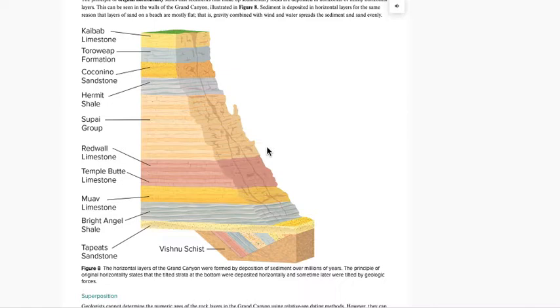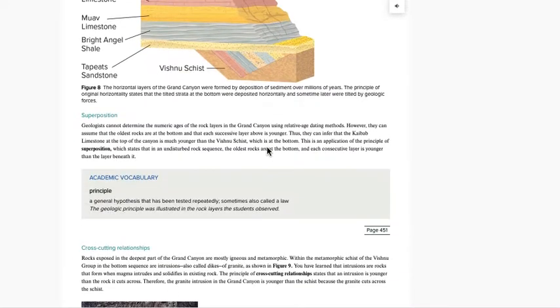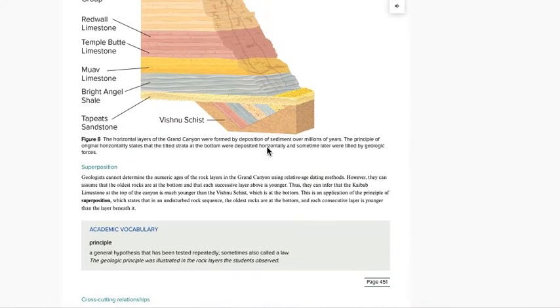And then my Thursday garbage and my Friday garbage is somewhere at the middle. And then my Saturday garbage, and then Sunday garbage, and then my new Monday morning garbage is at the very, very top. And at the bottom is my week-old Tuesday garbage. So as time passes along, the older stuff is at the bottom and the newer stuff is on top. That is called the law of superposition.